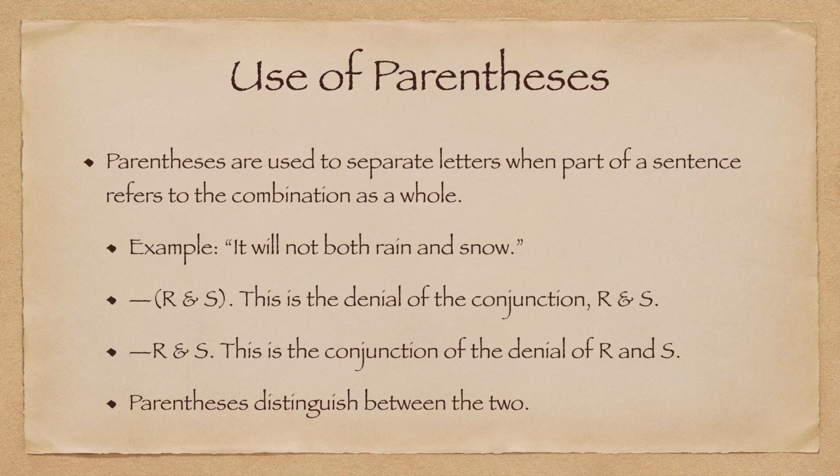Well, rain is represented with R, snow with S, the and, as a conjunction, is represented by the ampersand. That leaves us with R, ampersand, S, R and S, which is pretty simple to see. The not is also pretty obvious. It's represented by a dash. But what we're trying to figure out is the relationship of this dash to the rest of the sentence.